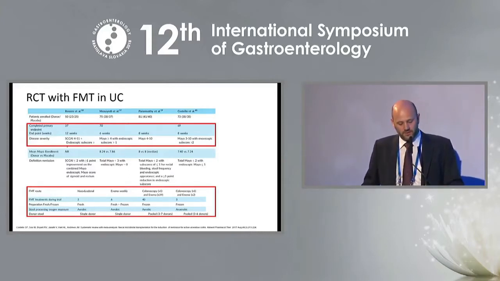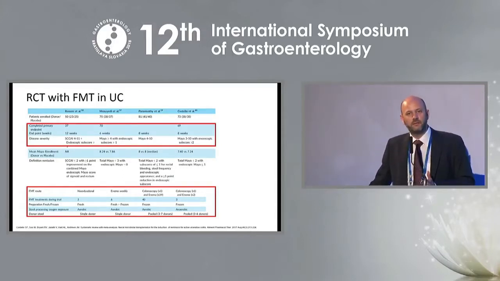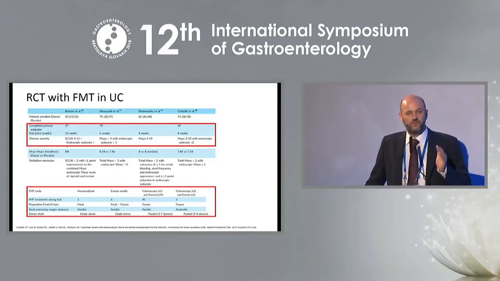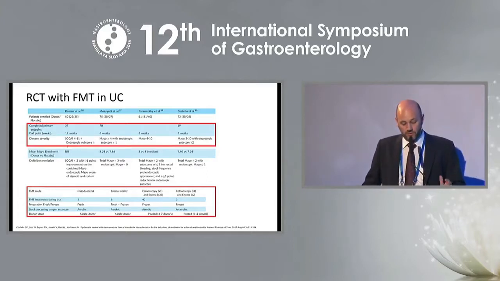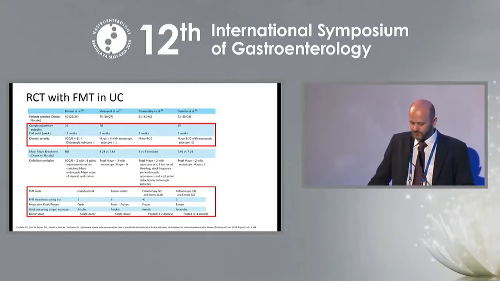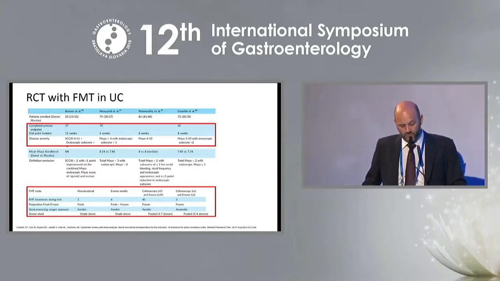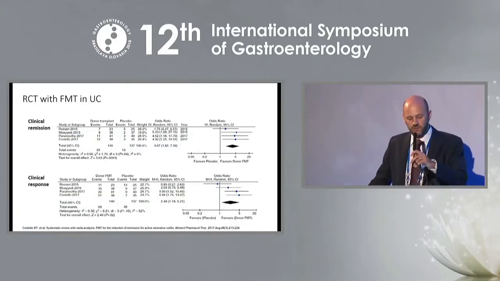Paramsothy, 80 patients, with evaluation after 8 weeks, delivered through colonoscopy, followed by self-applied enemas, altogether 40 applications, which is a huge number. Frozen stool, aerobic. Costello, 73 patients, 1 colonoscopy, 2 enemas, only frozen stool processed in an anaerobic way from pooled donors.